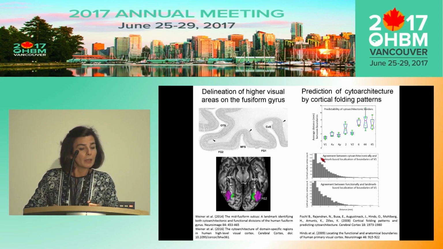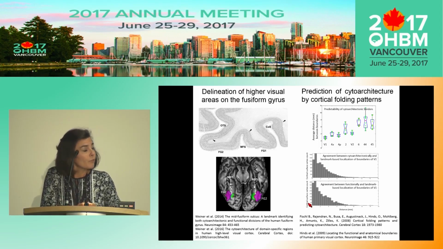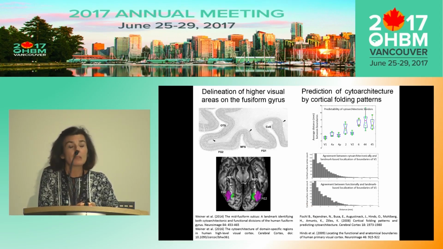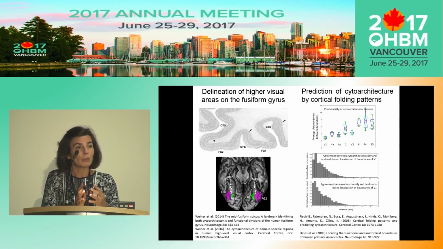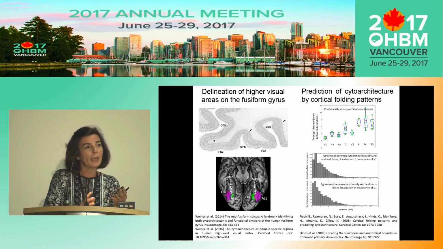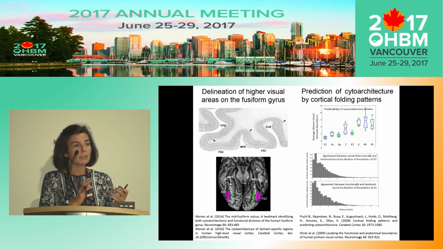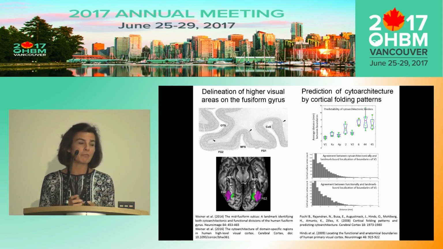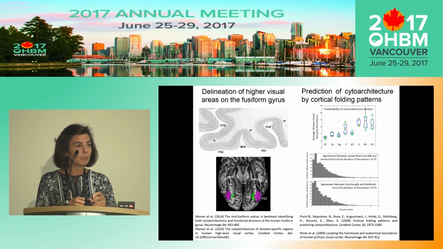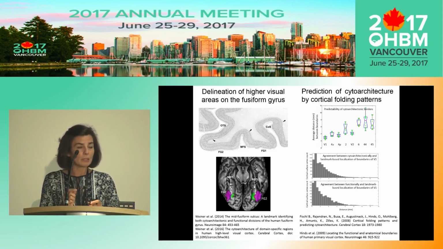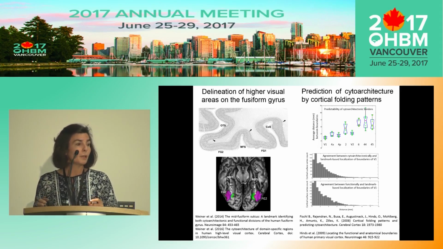The bottom part of the slide shows the correlation between the borders of the primary visual cortex as identified in cytoarchitectonical studies and a functional imaging study. The data from the cytoarchitecture and from the functional imaging study were brought into the same reference space, and the distance of the borders to the calcarine sulcus, in which the primary visual cortex is localized, was measured.